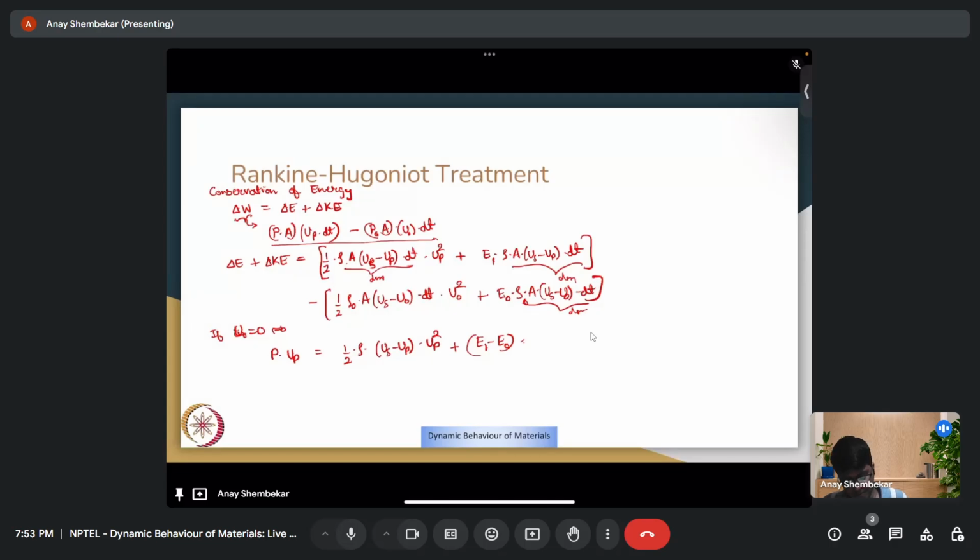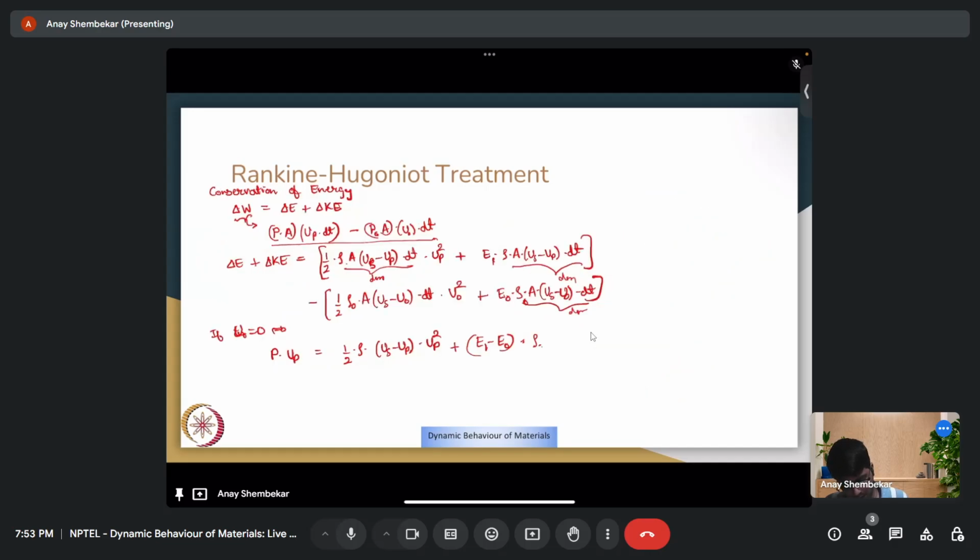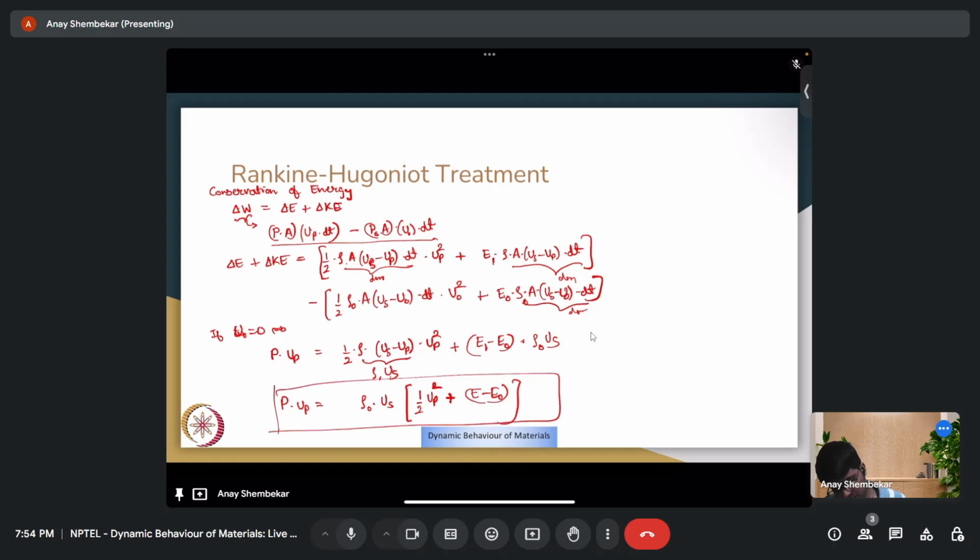So dm, as we saw, was rho naught US minus U naught, which can also be replaced by rho naught US. So you have P into UP being rho naught US times half UP square plus E minus E naught. This is equation 3.